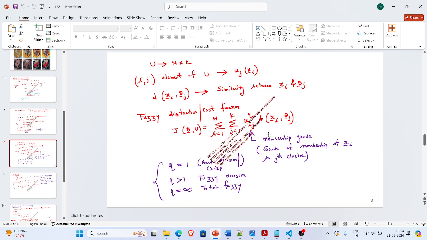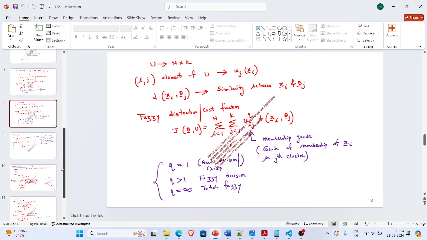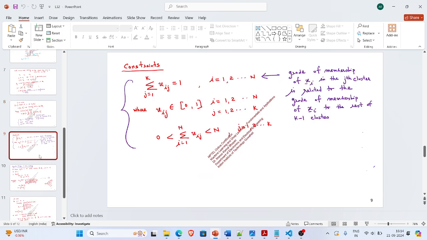This is the sum over all the cluster centers, j equals 1 to k, and i equals 1 to n. So this represents the cost, which is the product of the membership grade and the similarity that we have, or distance, which is what is usually used.